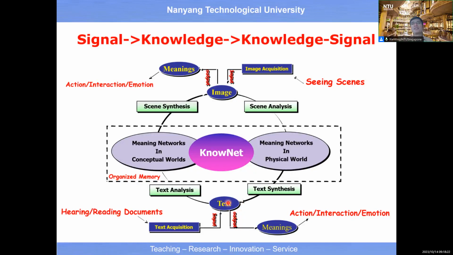But of course, normally we use our ear. We hear something, then we convert audio signal into the text. Then we understand the meaning inside the audio signal, right? But we can also use our vision. When we read the book, we convert the visual signal coming from the symbol into the text.